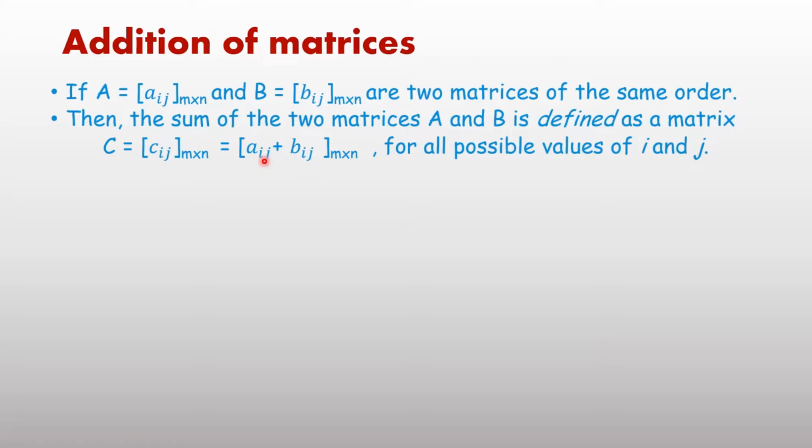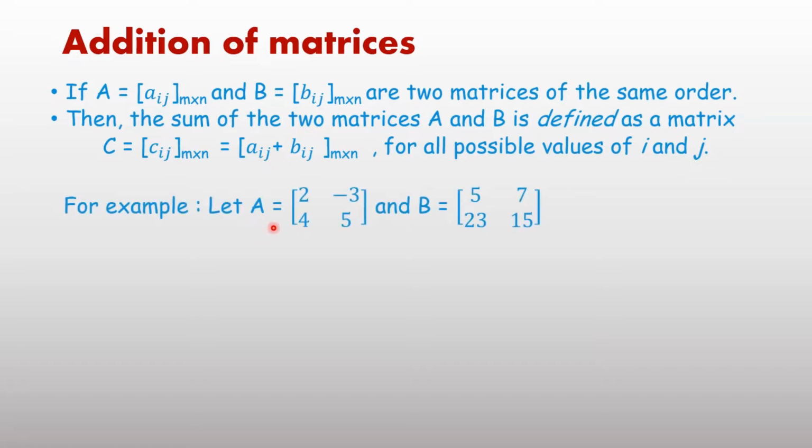Aij plus Bij represent addition of corresponding elements of both the matrices. For addition of matrices, first condition, remember, the order of both matrices should be same. If order is same, then you have to add corresponding elements and you will get new matrix which is equal to A plus B.